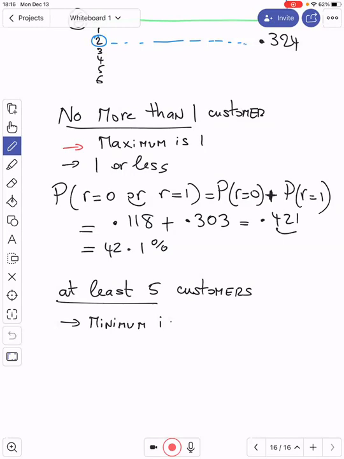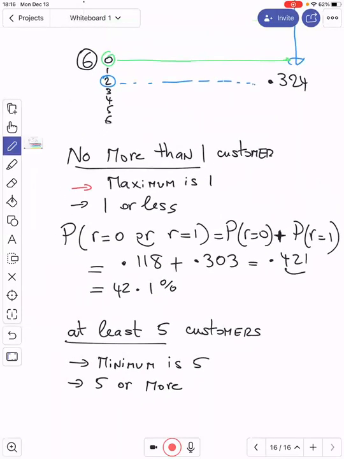Okay, the minimum is 5, so that'll be 5 or more than 5. So it's 5 or more. And because we have just a group of 6 customers, 5 or more will be, as you can see here, 5 or 6.